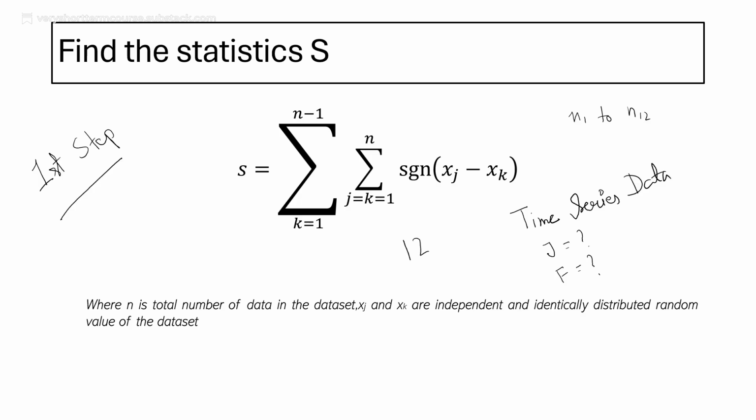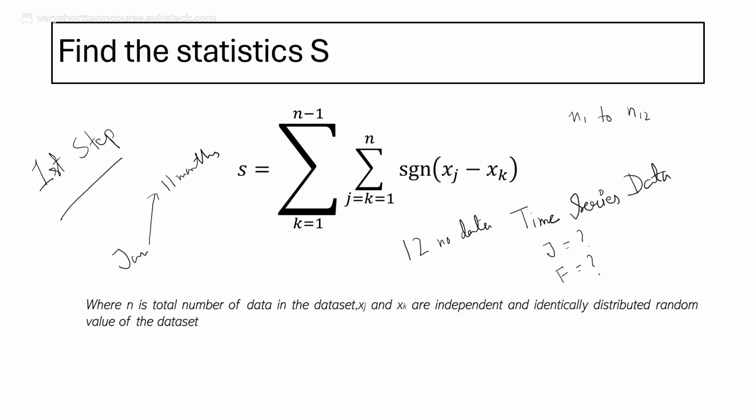If there are 12 data points, then you have to compare 11 times and find out whether these 11 other data are greater than the current data or not. Whether the 11 months' data is more or less than January's data. Then you have to do it for February's data. Then for March data, April data, May data. Compare the rainfall data of January with the rainfall data of all the other 11 months.